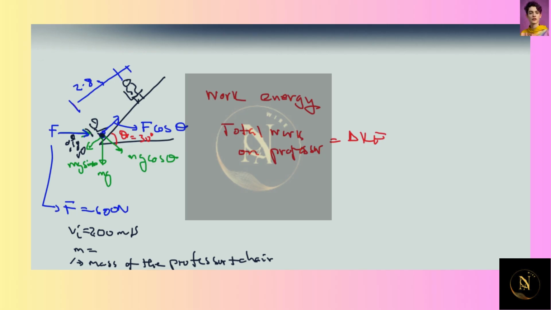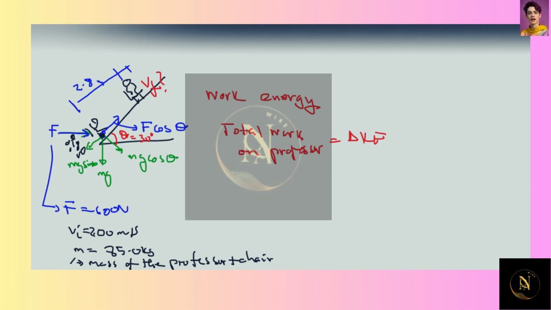It's an irony. You could think of the professor as the chair of the department, but the professor is sitting on the chair. So the mass is given as 85.0 kilograms. The purpose of the problem is we want to find the final speed of the professor at the top of the ramp. So v final, that's our goal.